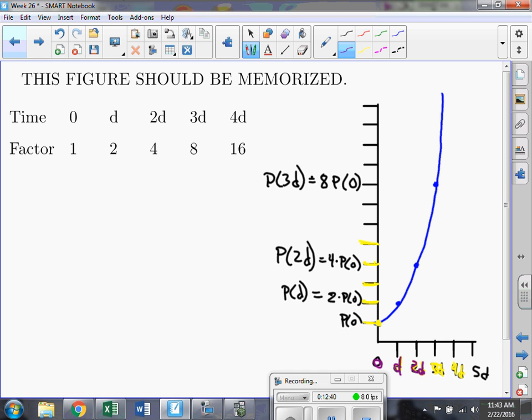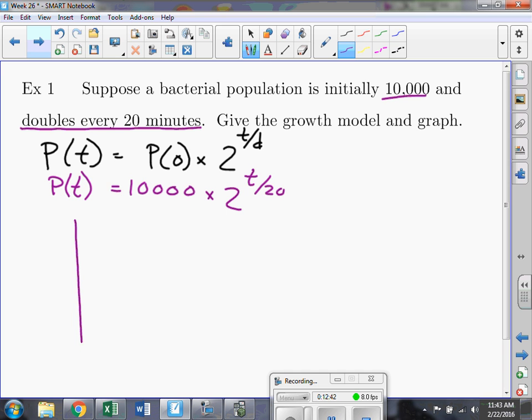Each tick mark is going to march forward, just paying attention to 20 minutes for our doubling time, and then another 20 minutes, another 20 minutes, another 20 minutes, and we could keep going farther and farther, 20 minutes stacking on top of each other. Our initial population at time of 0, we had a population of 10,000.